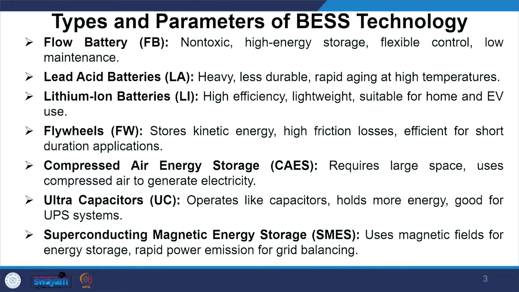The flow battery is non-toxic, with high energy storage, flexible control, and low maintenance. Lead acid is quite heavy, less durable, with rapid aging at high temperatures. Lithium ion, which is quite popular, has high efficiency, is lightweight, and is suitable for home and EV uses.